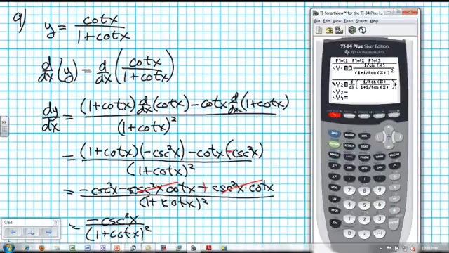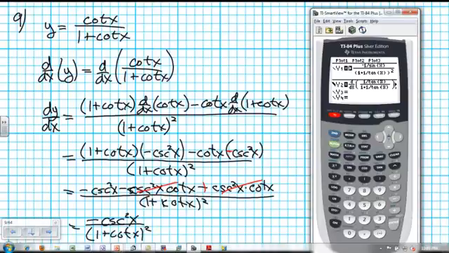Cosecant squared. Okay, my derivative matches my grapher. My original function matches. So there must be an error in what I did to derive the function.